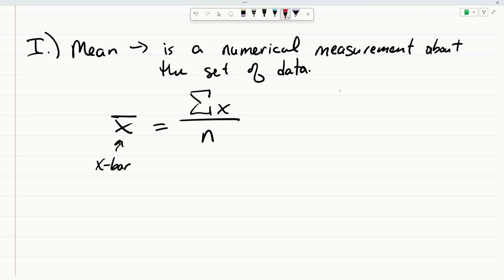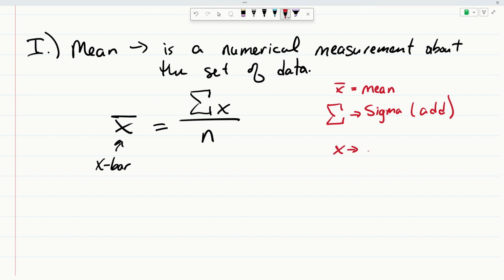Therefore, on the far right side of your screen, X bar is the mean. This letter is called sigma, and it just means to add. That's all it means, is to add up.